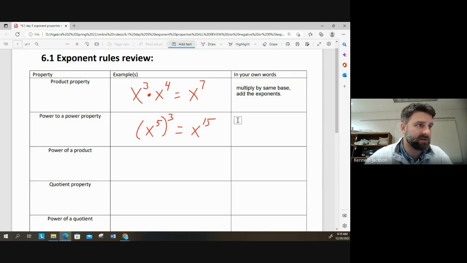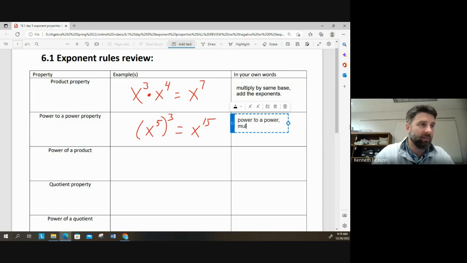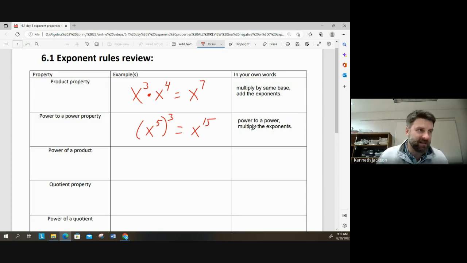So to put that in words, if you have a power to a power, multiply the exponents. Multiply, not add.